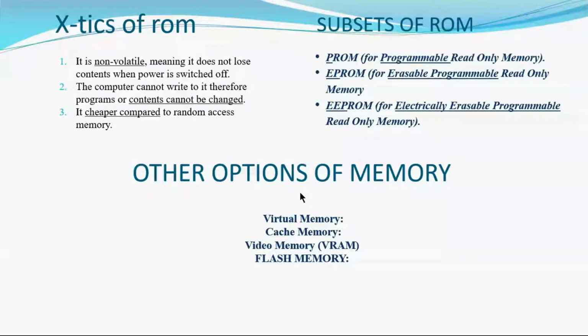Okay, we have what we call the video memory, or what we call VRAM. Now, when we are displaying images, graphics, things to do with the graphics, images, videos, and so on on our computers, it is the work of the VRAM to make sure that we store these images before we display them. So we call this video memory or the VRAM a storage for display images for the monitor.